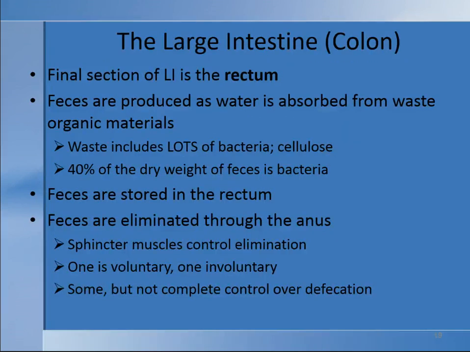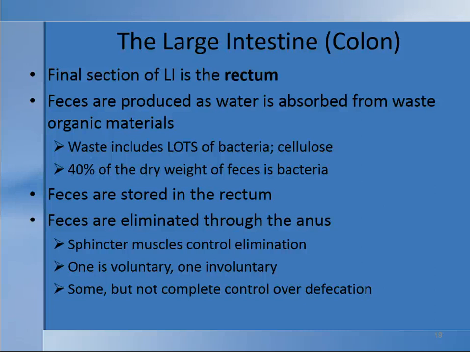Okay, now the final section is the rectum, and this is where you're going to have your fecal matter. There's lots and lots of bacteria because this is where the fecal matter is. This is where the last part of the water is absorbed, and it's also the storage place.